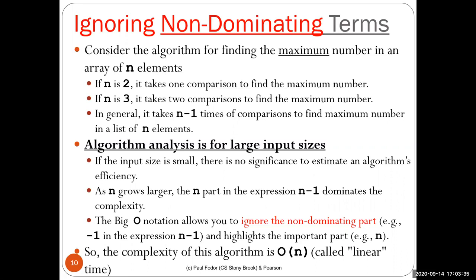So when we talk about the big O notation, we are only interested in the dominating part, the value that has the highest growth rate. All the other values, either constants or smaller orders of magnitude, are not important. So for the maximum number in an array, we still say that it's a linear time complexity of O(n). We don't look at n-1, that's not important in the order of magnitude for the algorithm.